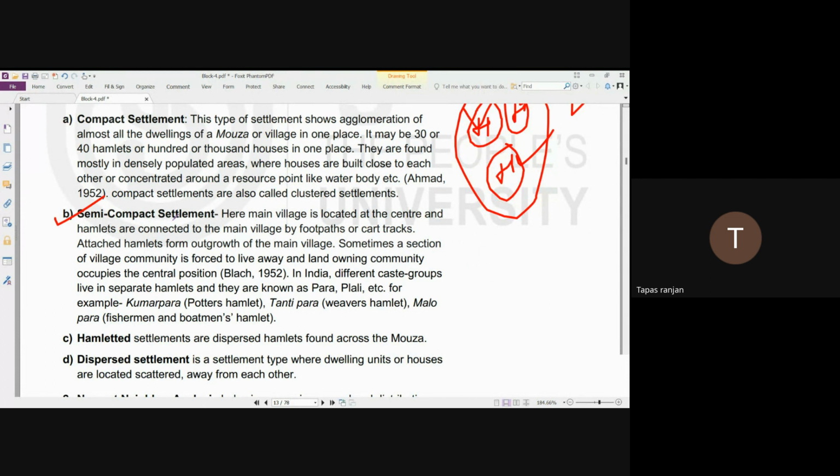Because you'll see different types of hamlets, like Pora, Sahi. All these are basically hamlets, and all together they form the semi-compact settlement.